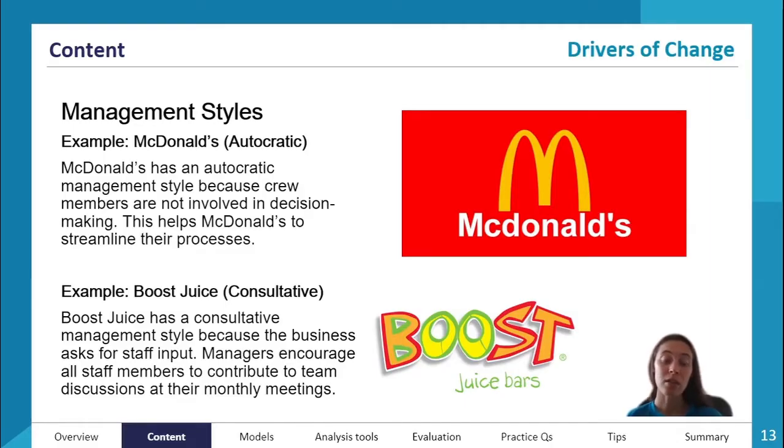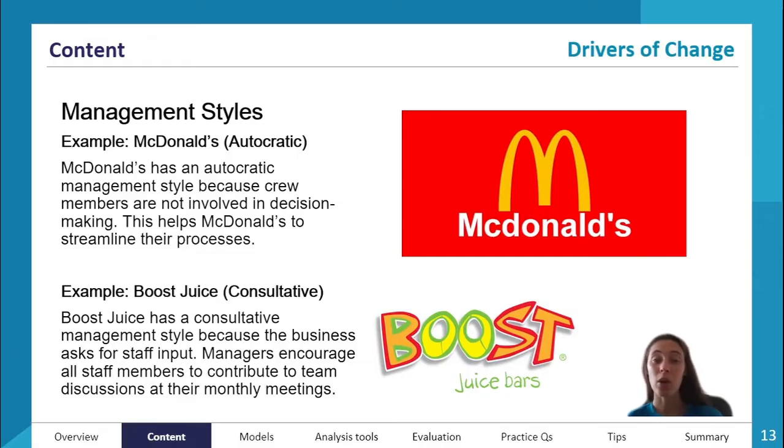And a consultative example, we've got Boost Juice. Boost Juice is going to have that consultative style because the business asks for staff input, and managers encourage all staff members to contribute to team discussions at monthly team meetings. So having those meetings is allowing that dialogue to happen, allowing those different employees to have a say.